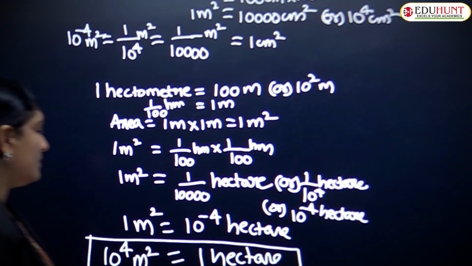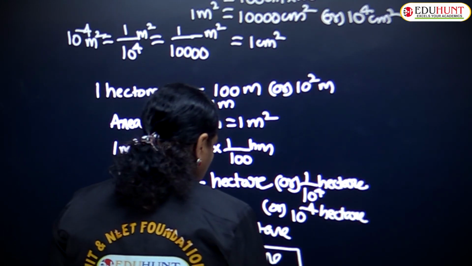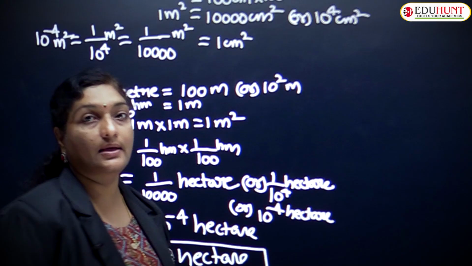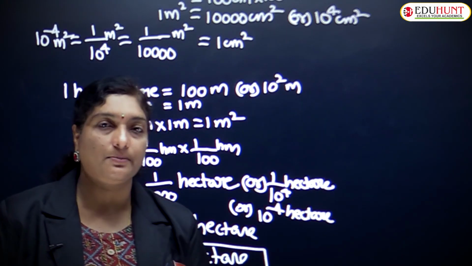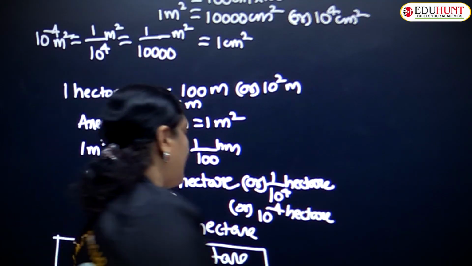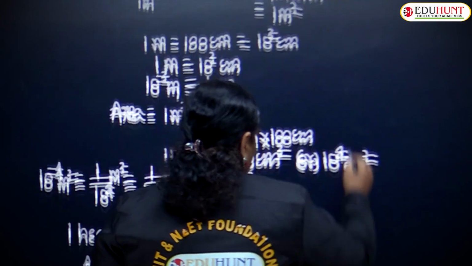One more unit of length and area is also there, that we will be measuring in kilometers. Length is also measured in kilometer. This is also a multiple.